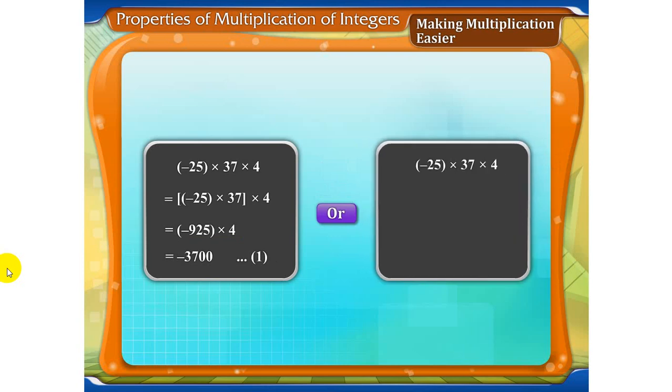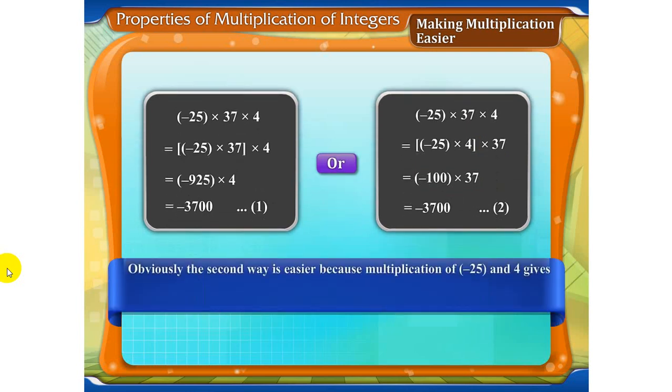Negative 25 multiplied by 37 multiplied by 4 is equal to negative 25 multiplied by 4 multiplied by 37, which is equal to negative 100 multiplied by 37, which is equal to negative 3700. Which is the easier way?